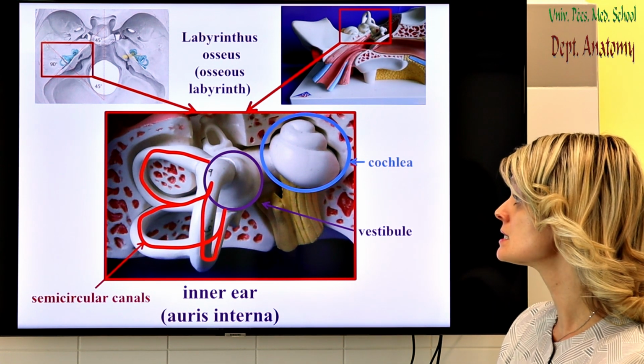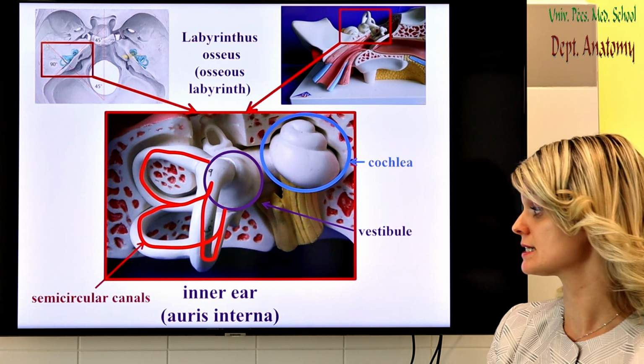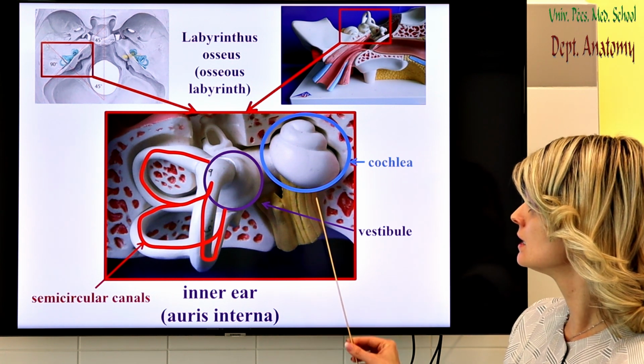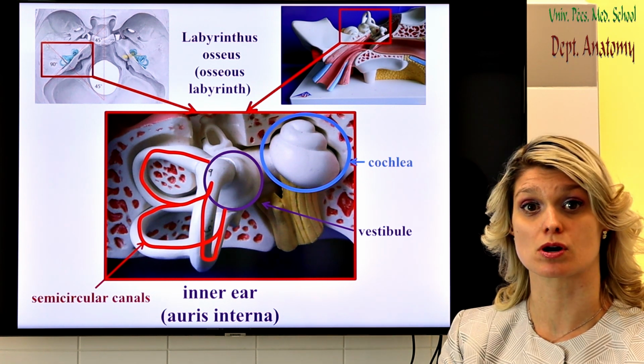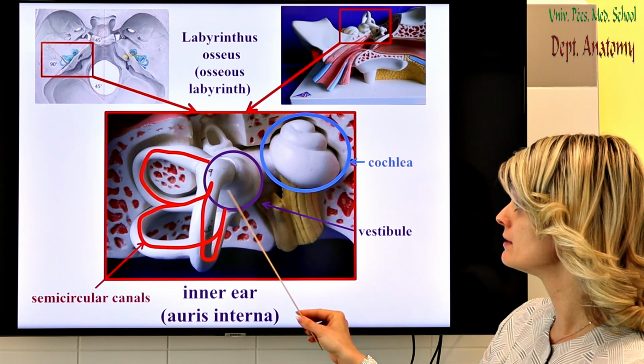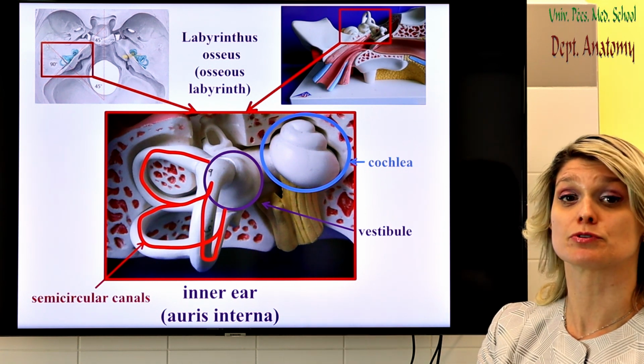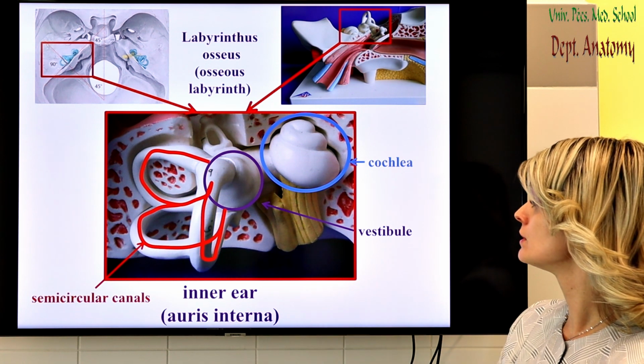These are the parts of the vestibular system. Here you can see the nerve, the vestibulocochlear nerve, which will collect the information from the receptors of these organs.